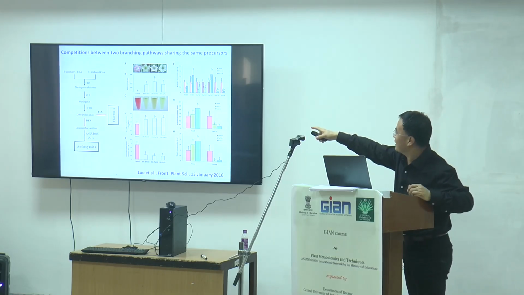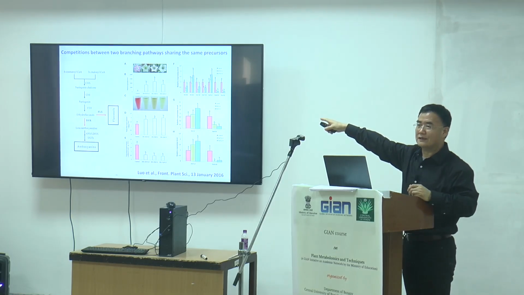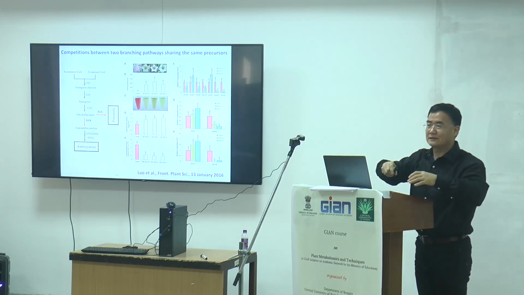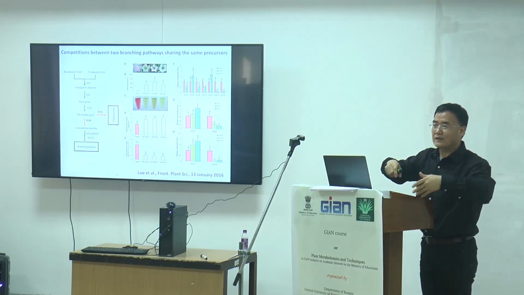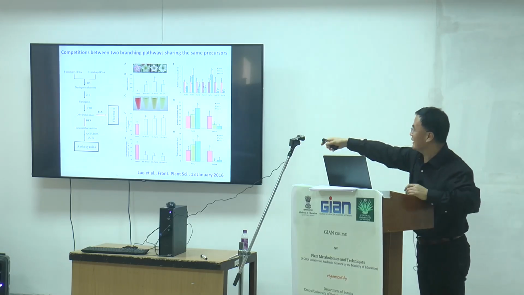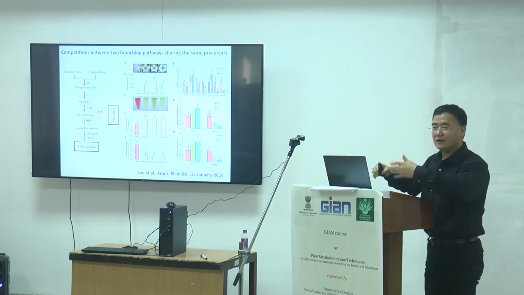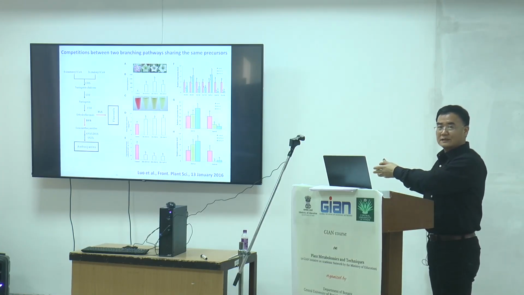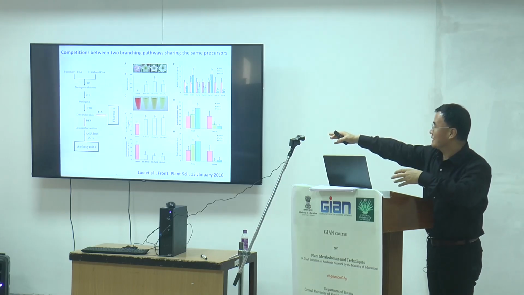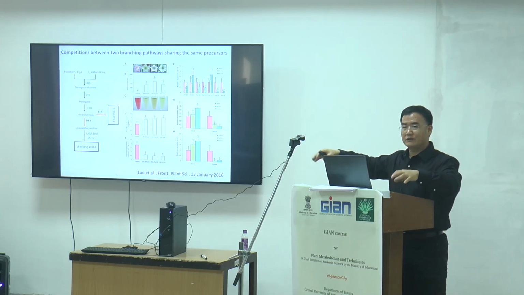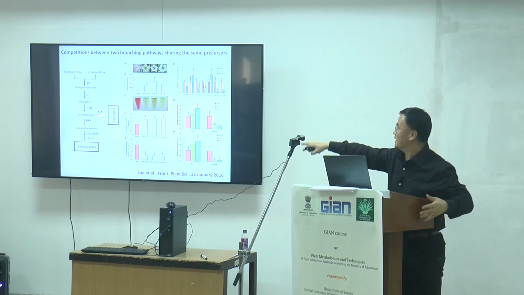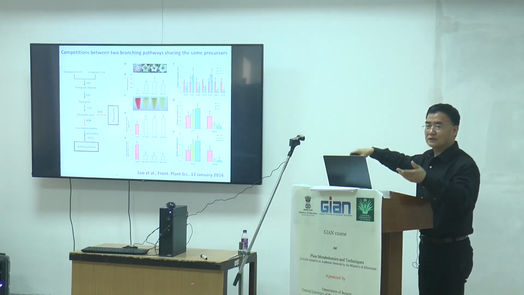If FLS is overexpressed, then the color becomes white because anthocyanin is blocked. Overexpression of FLS will use all the dihydroflavonol precursor for flavonol biosynthesis. Flavonol is colorless. However, if you block FLS, then DFR will use this precursor to generate anthocyanin, then the color becomes red and purple.